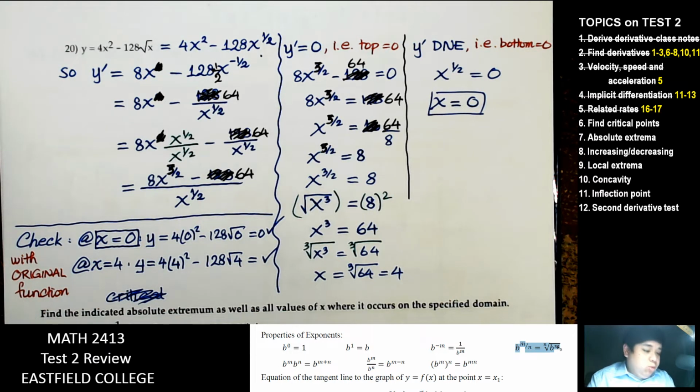Next, 21 and 22 for absolute max and absolute min. 22 looks a little bit more complicated, so I'll do 22.